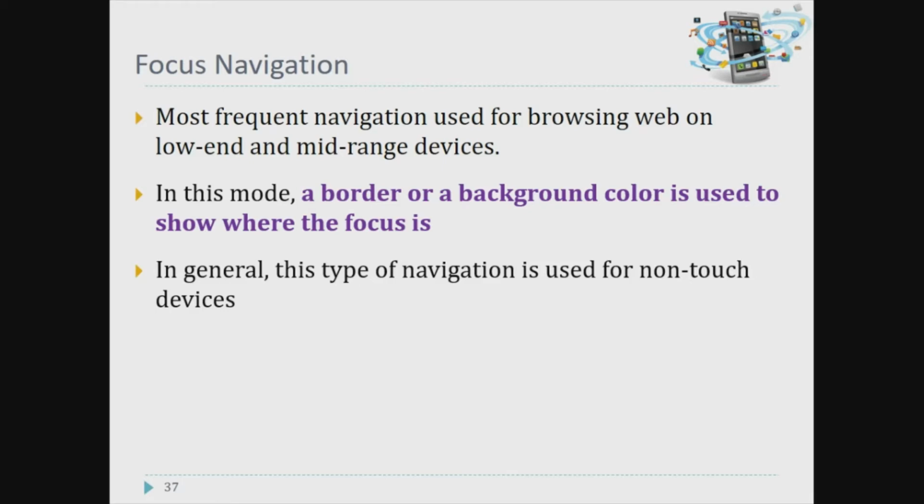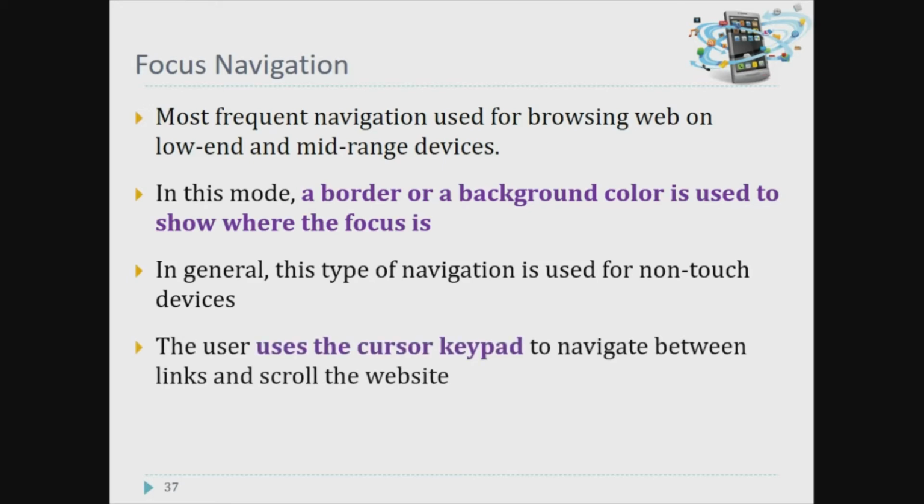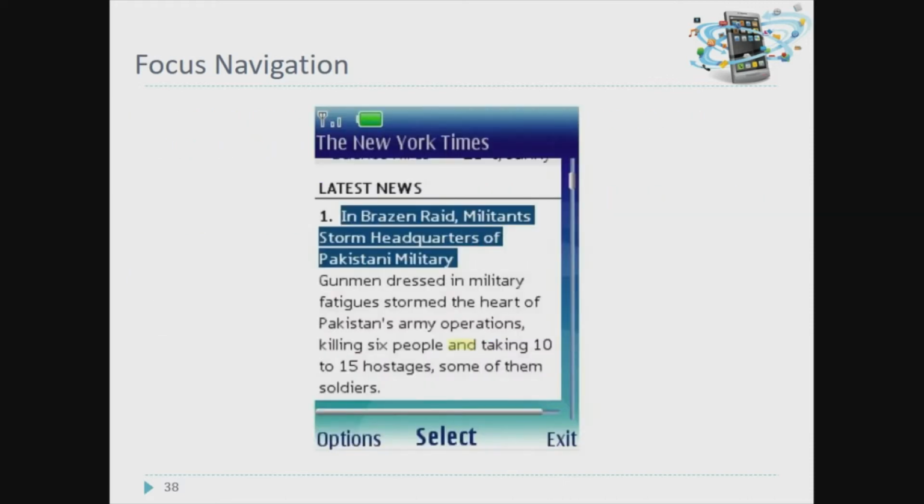That means if the mobile device that we have is not touchable, we can use this focus navigation. The user uses the cursor keypad to navigate between links and scroll the website. So this is an example of the focus navigation. It changes the color, so it highlights the selected text. So we focus on that part, focus navigation.